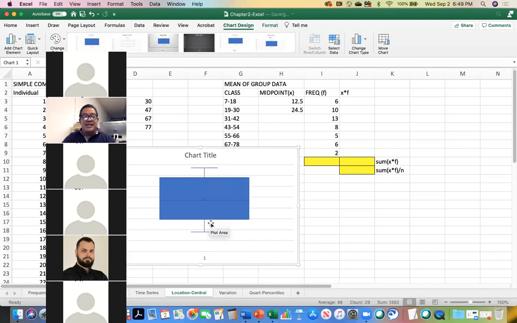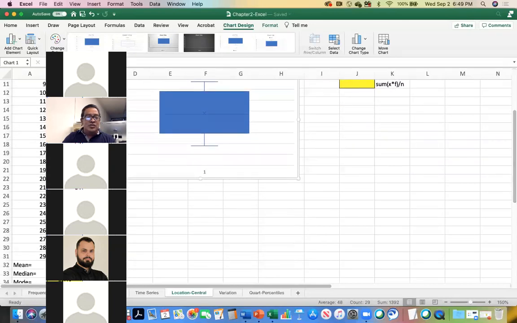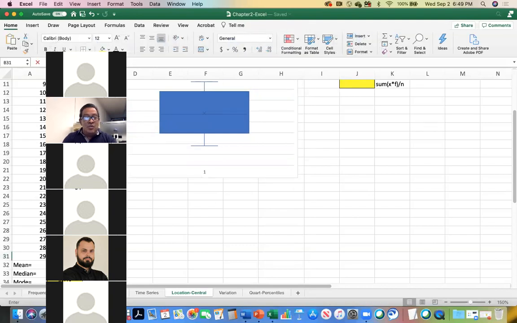One of the cases is that these whiskers can be very long, either one. That probably means that there are some outliers. That's the reason I like Excel. Just imagine that we have, as in the previous case, 1,000, a person who lives 1,000 years.